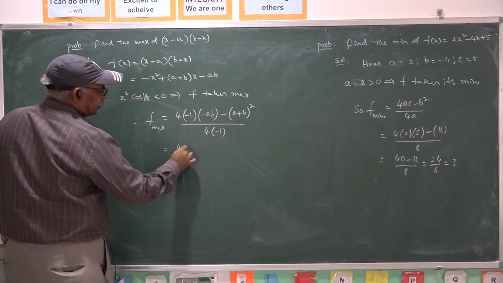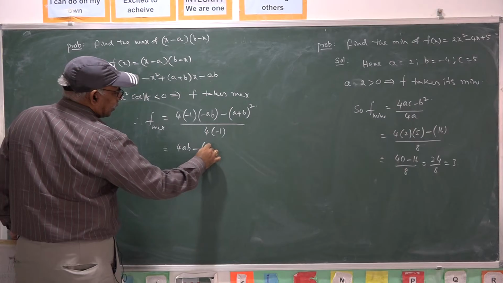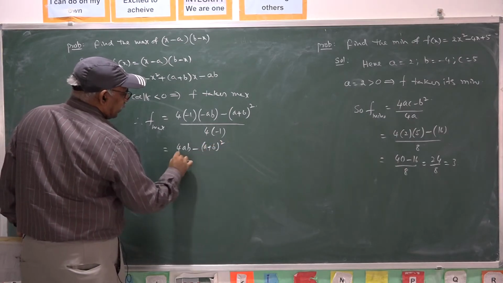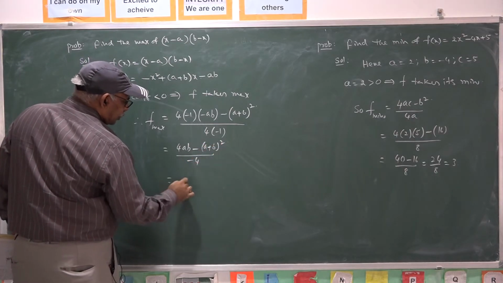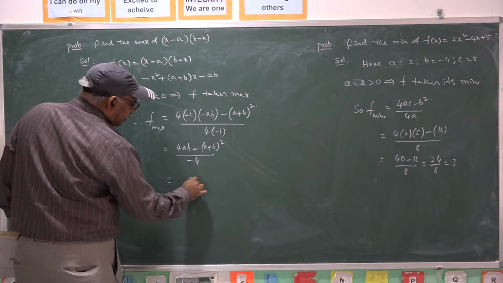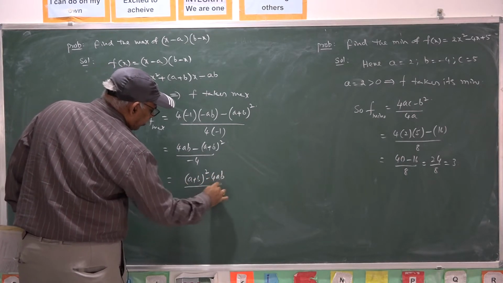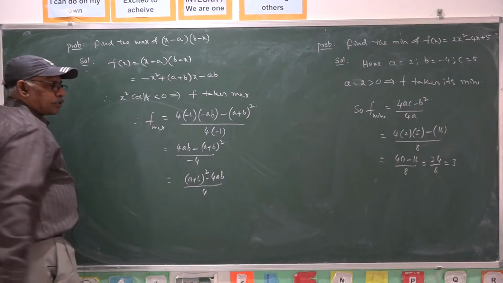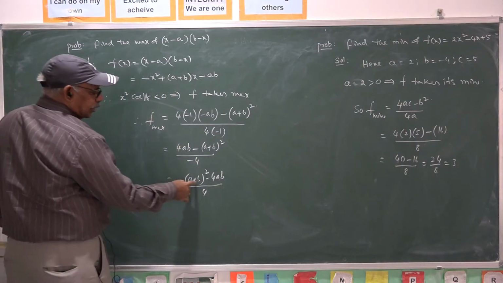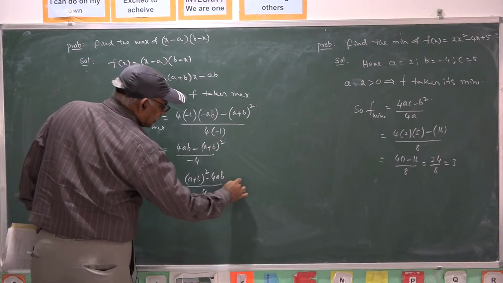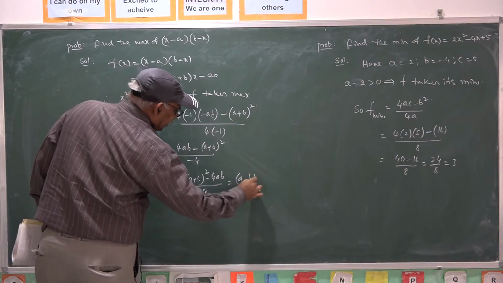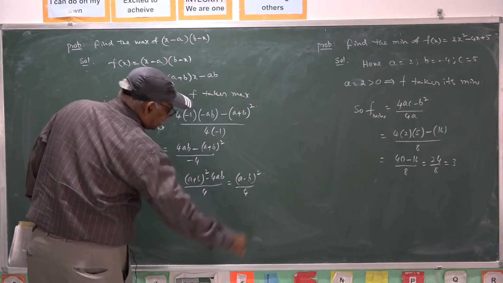That gives us 4ab minus a plus b whole square by minus 4, which is a plus b whole square minus 4ab by 4 itself. I am taking the minus to the numerator. So that a plus b whole square minus 4ab is a minus b whole square by 4.